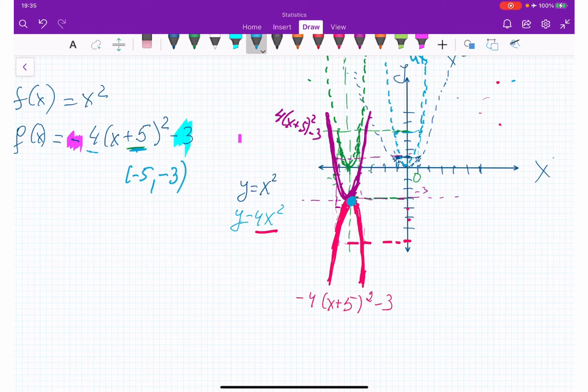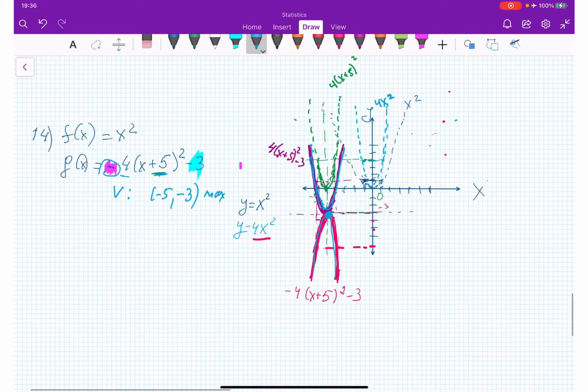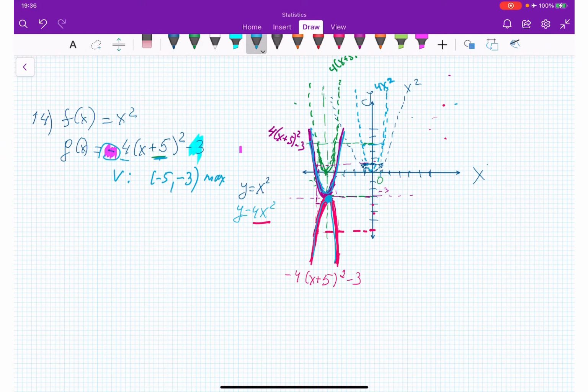This is the vertex. Now how is the negative sign that we have here going to affect it? When it goes up, this vertex looks like a minimum, but when it's flipped down, the vertex becomes a maximum. That's how the negative sign affects it. Okay? All right. Moving to question number 15.